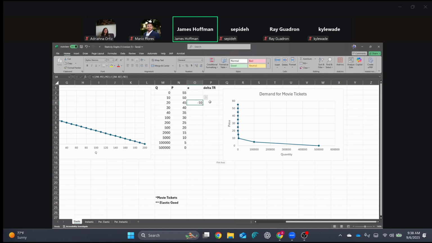So this is just the elasticity of the price going from 50 to 45, and the percent change of this compared to the percent change of this, right? So is the elasticity of going from, when the price goes from 50 to 45, is demand inelastic or elastic?